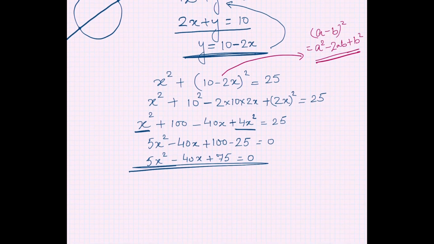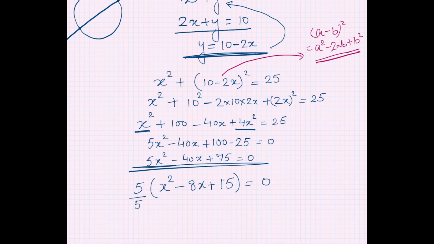Alright, great. So now we have a quadratic equation, and we can see that we can take 5 common. So 5 times (x squared minus 8x, because 8 times 5 will give you 40, plus 15, because 15 times 5 is 75) equals 0.